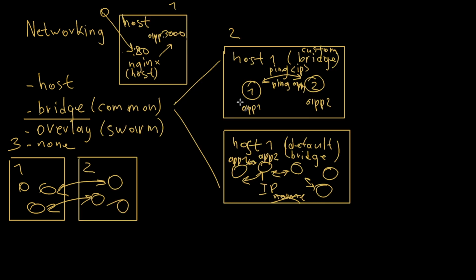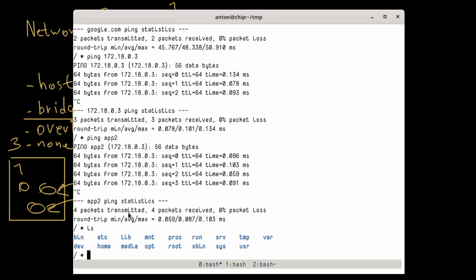So this is how you might use a bridge network, and by that you might specify the name, and it will work with any traffic. I'm just using the ping command, but it could be anything, like a TCP connection or sockets.